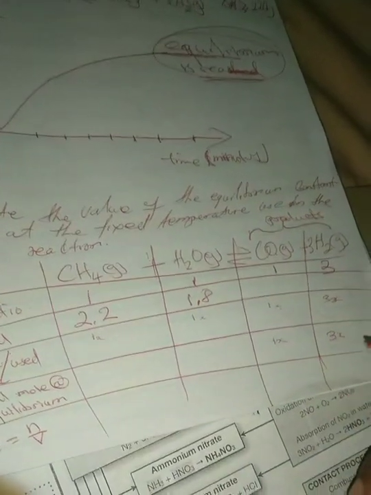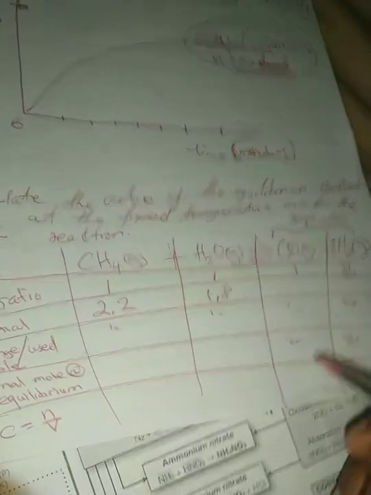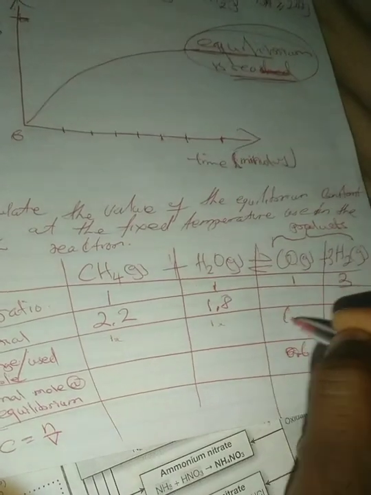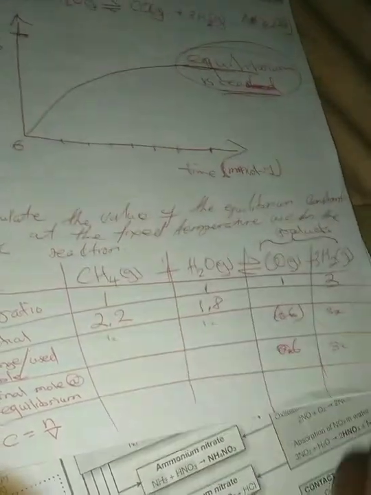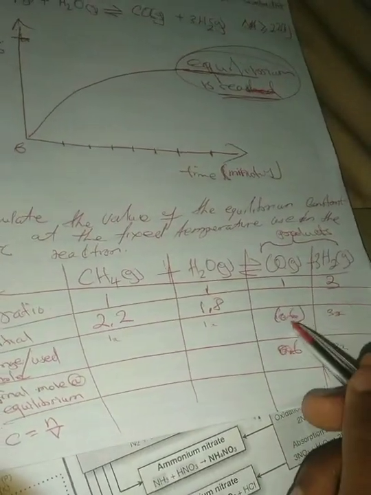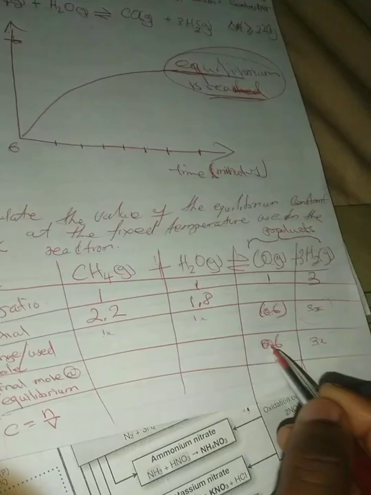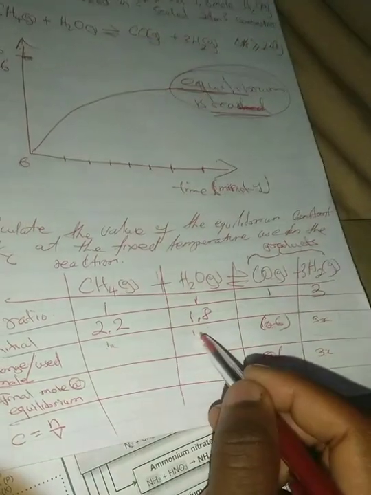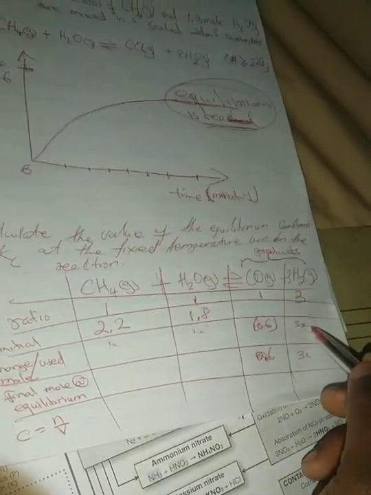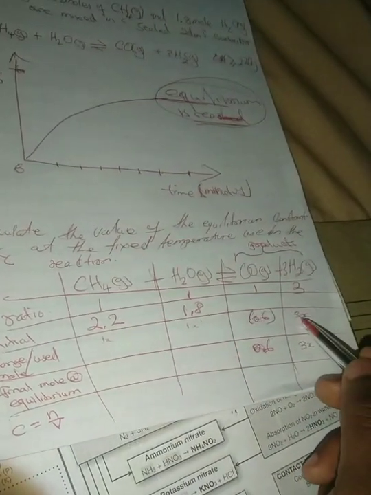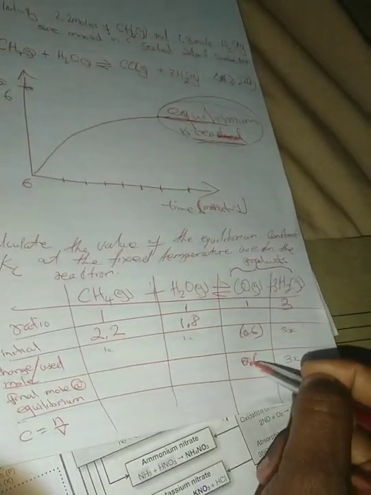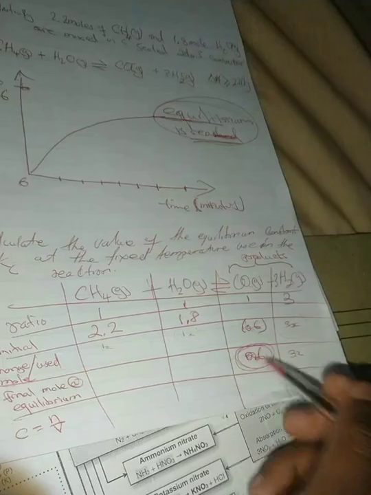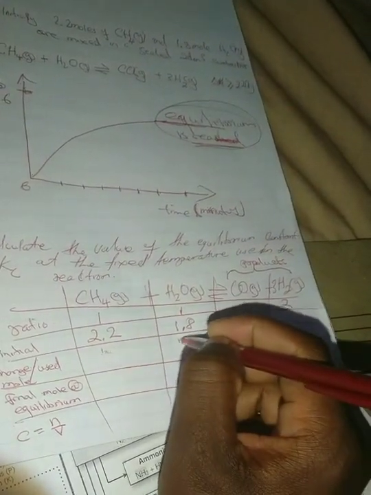I have carbon monoxide which has 0.6. According to the ratio, 1x to 1x to 1x to 3x, wherever there is an x, I'm going to put 0.6, because 1x is the same as 0.6.